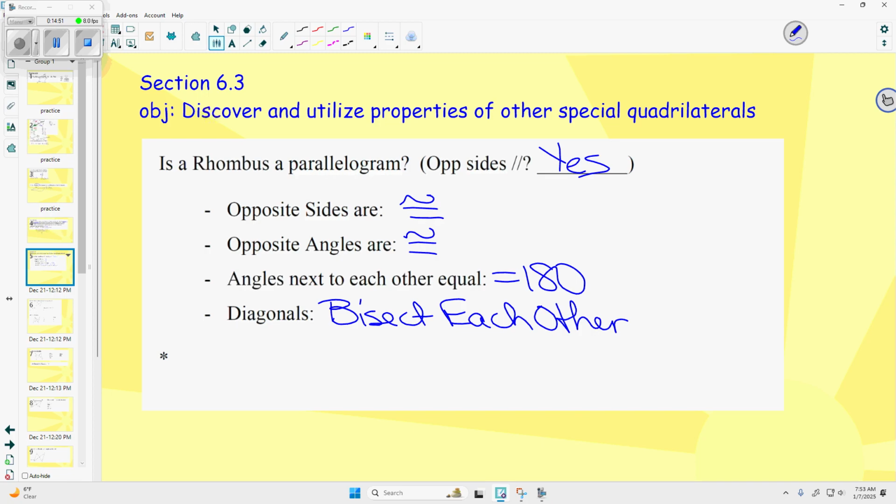Four congruent sides. So we already know it's a parallelogram, but what makes it a rhombus is it's got to have all the sides congruent.